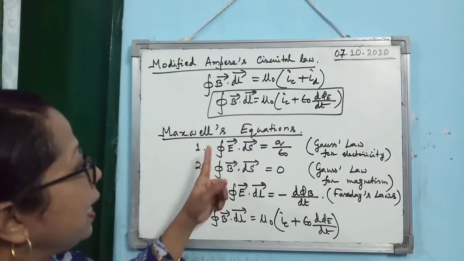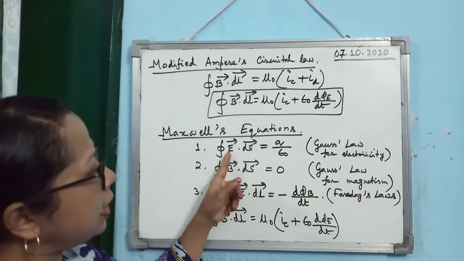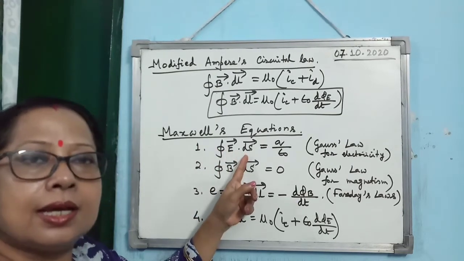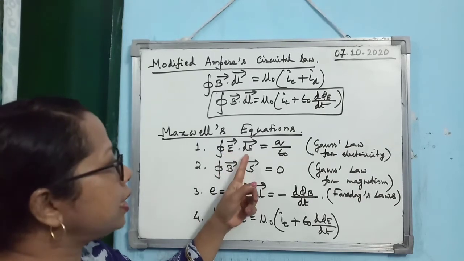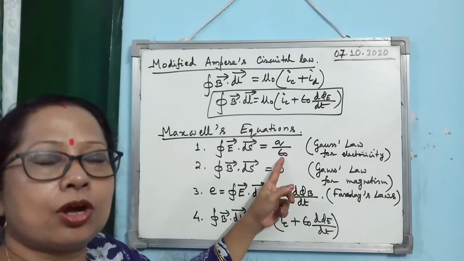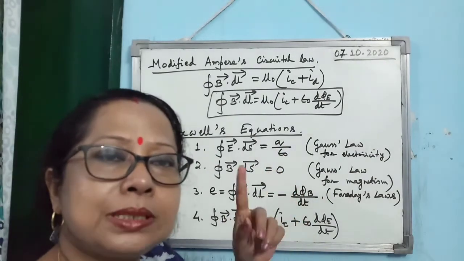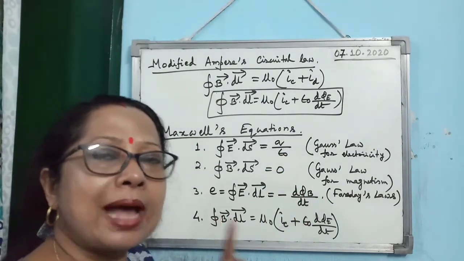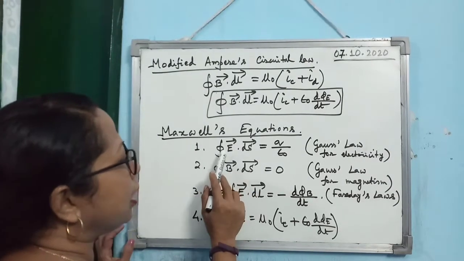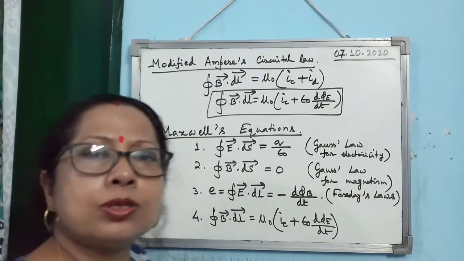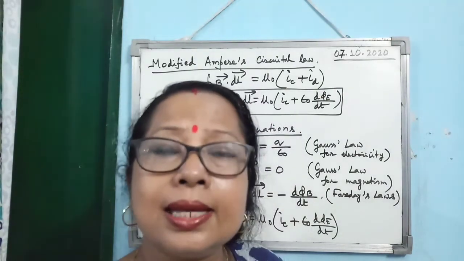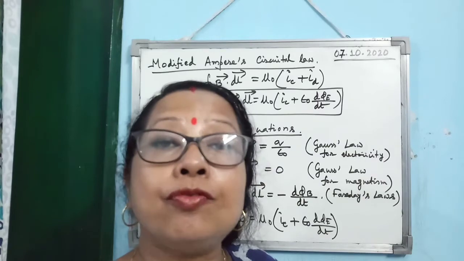Just see, the surface integral of electric field, integration E dot ds, is equal to Q upon epsilon naught. From the point of view of mathematics, this is the surface integral of the electric field, which represents nothing but the electric flux.